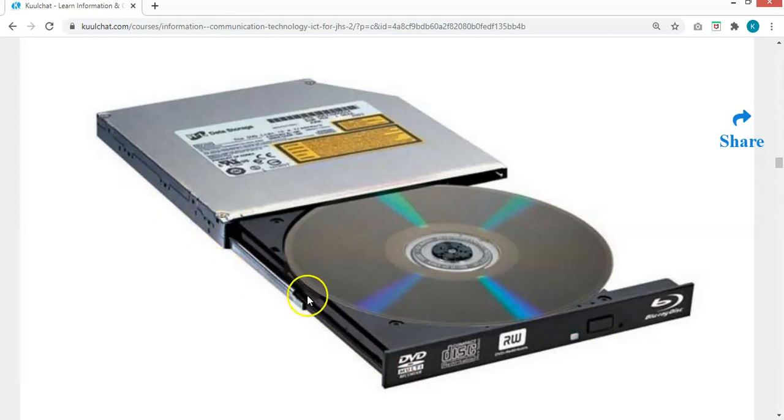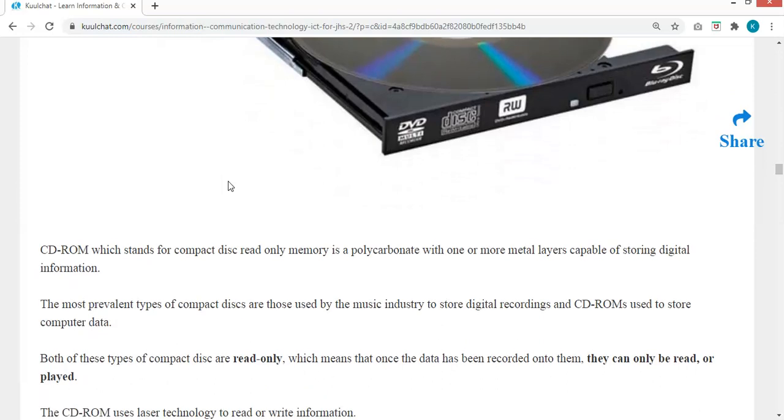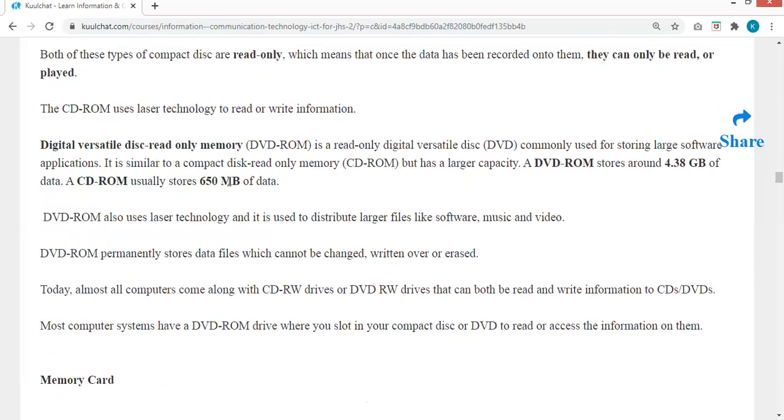You can just put your CD or your DVD on it, then push it a little bit and it goes inside. Once it's inside, you can see the content of it on your computer.